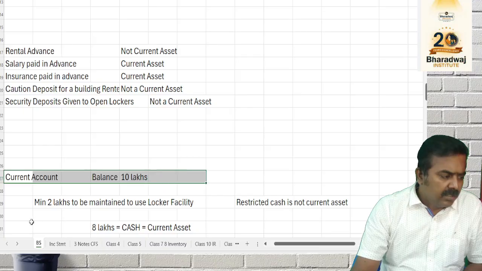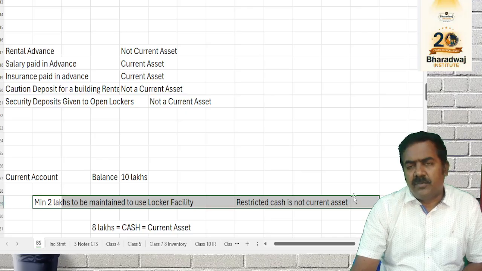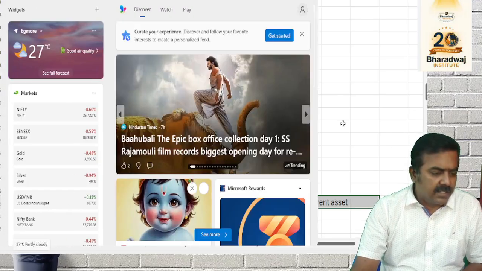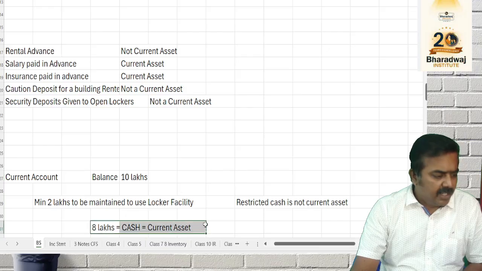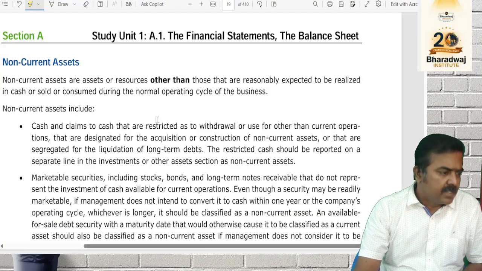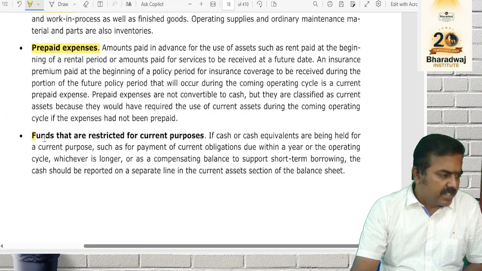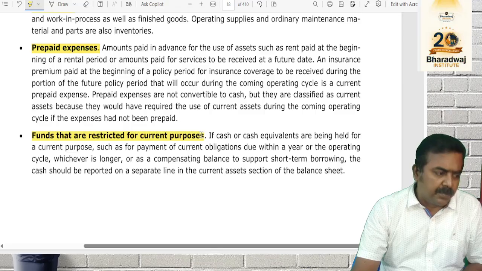Any doubt in it? The cash that cannot be used in the short term, restricted for usage, we cannot call it a current asset. Then the remaining, of course, we can call it as which one? Current assets also include funds that are restricted for current purpose. What do you mean restricted for current purpose?